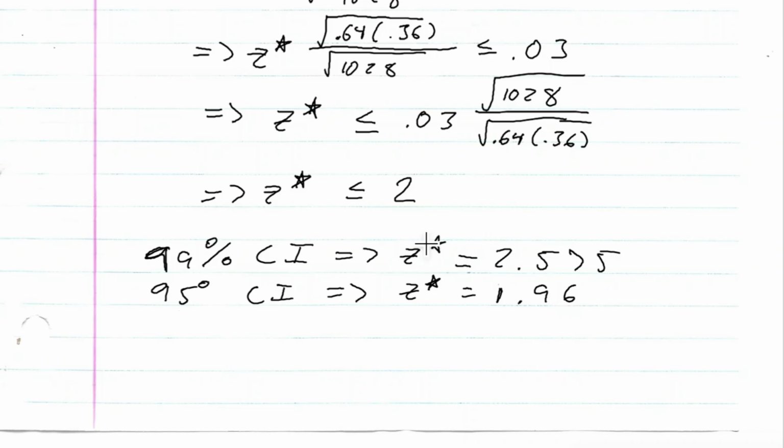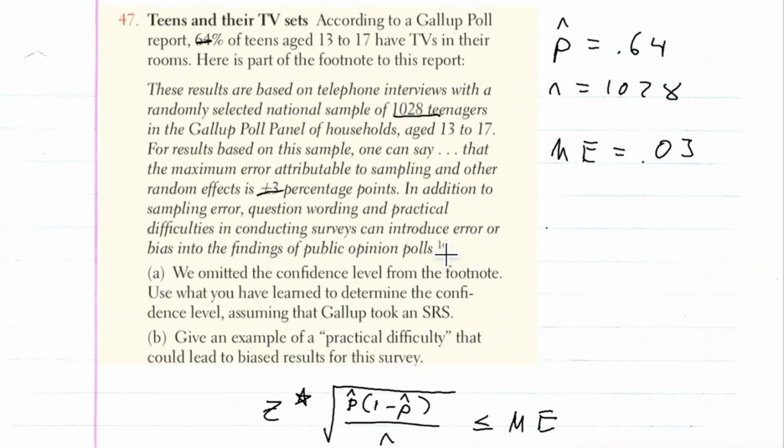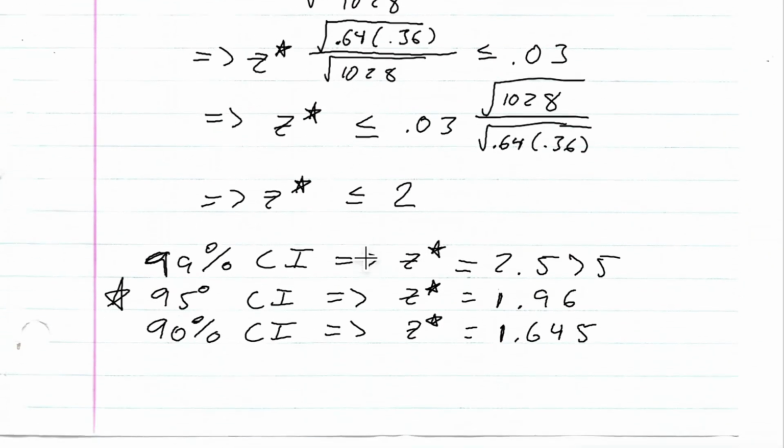It looks like this 95% is going to be our candidate. And then the last one we did was a 90% confidence interval, associated with a z value of 1.645. So as we can see, the 95% confidence interval is our guy that's closest to these conditions that were placed in this Gallup poll.